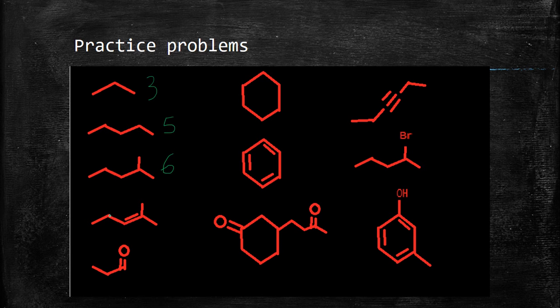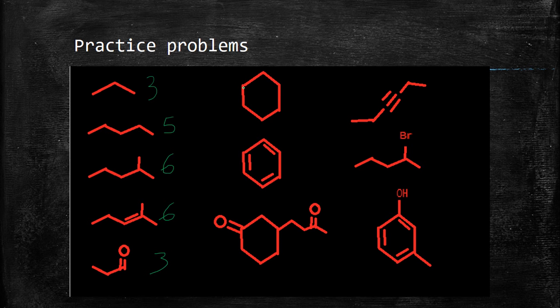Here we have 1, 2, 3. We've got a double bond to 4 and 5, and we also have the methyl substituent, that's still 6. And here we have 1, 2, 3, and this one's double bonded to an oxygen, but there's still only 3.